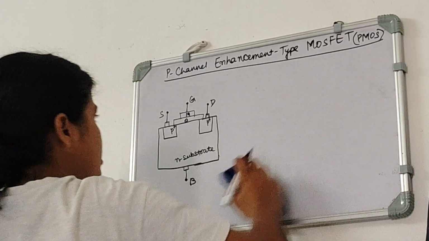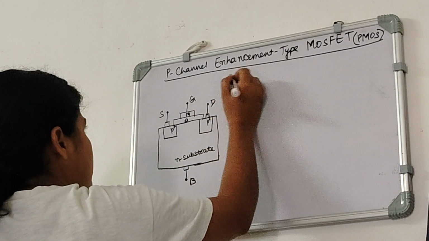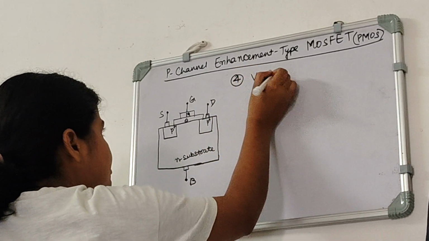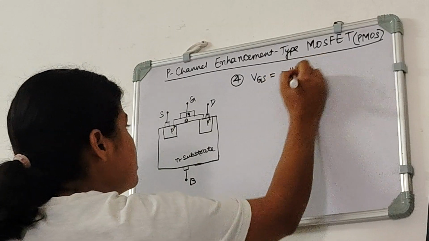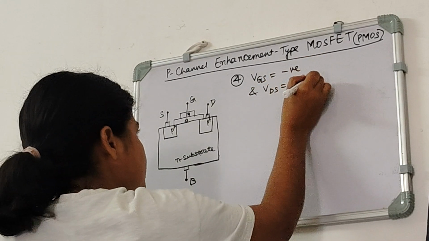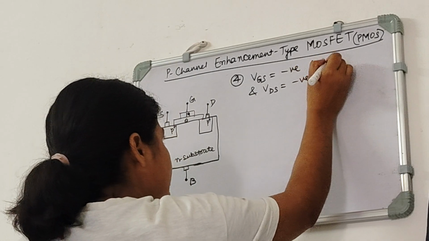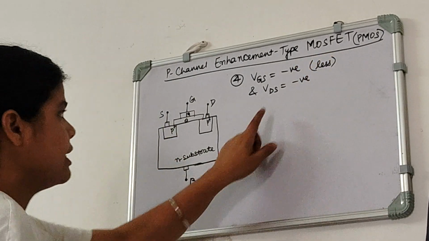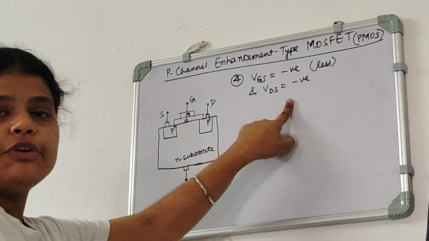Our fourth condition is that VGS is negative but less in magnitude, and VDS is also negative. So why are we applying negative VDS here?